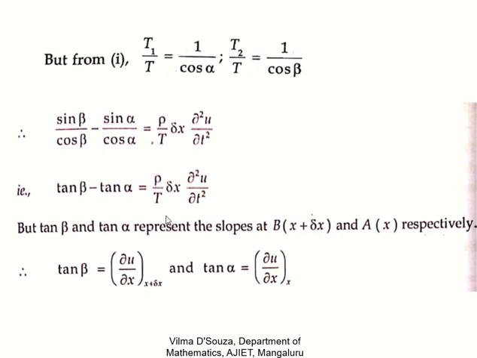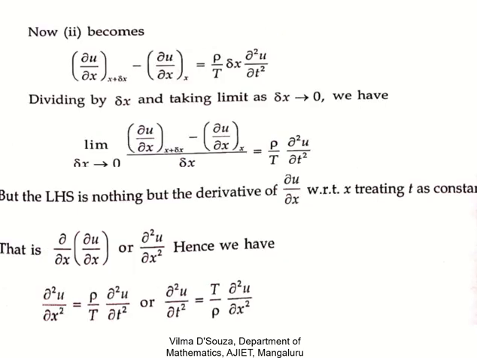So tan beta and tan alpha represent the slope at the points B and A respectively. So tan beta is given by ∂u/∂x at the point B, that is x plus delta x, and tan alpha is ∂u/∂x at x. So substitute, we will get tan beta minus tan alpha.